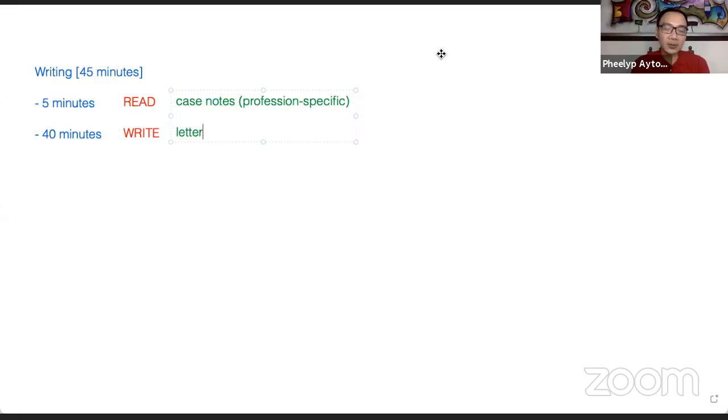The OET, after all, just like the IELTS, is a writing test. It's not a telepathy test. It's not like from your thoughts straight to your examiner's thoughts, but rather you have to write them down. So definitely, it is critical that before you register for any test, whether it's the IELTS or the OET, but especially for the IELTS and the OET, wag ka mag-register if you're still not able to consistently finish the writing in time.